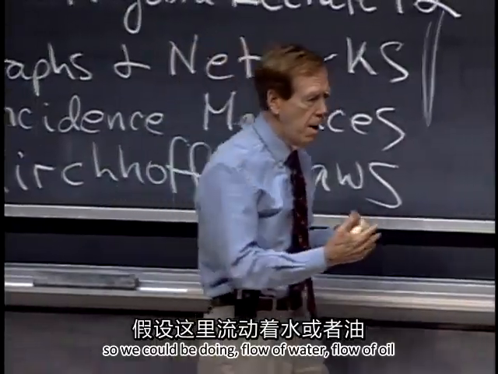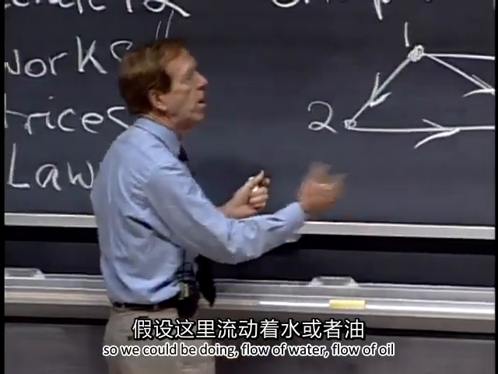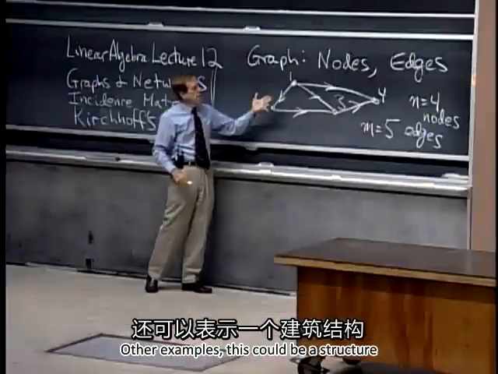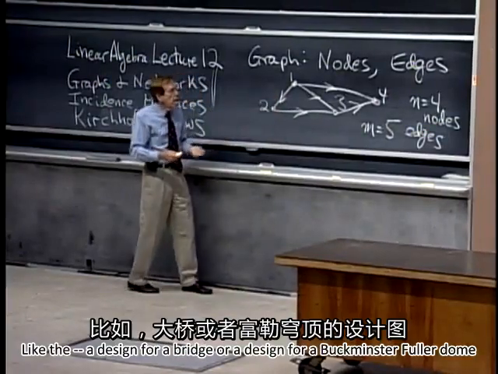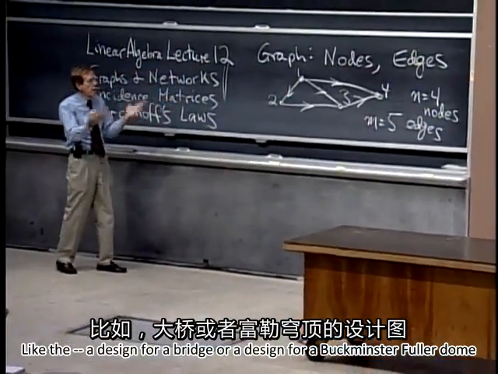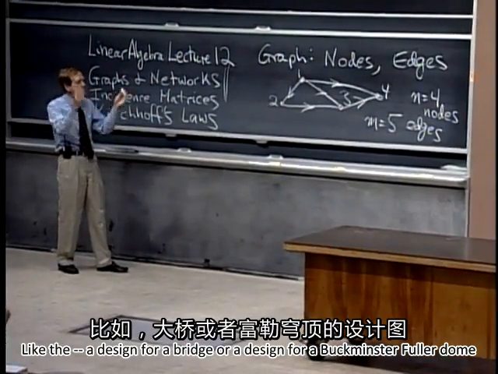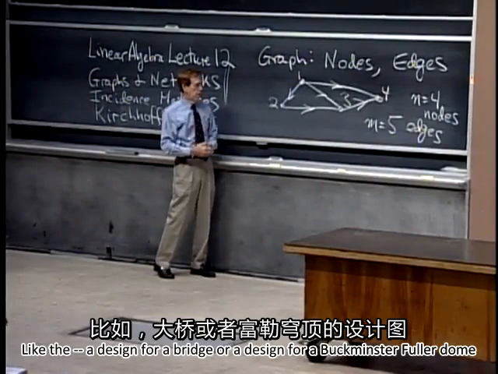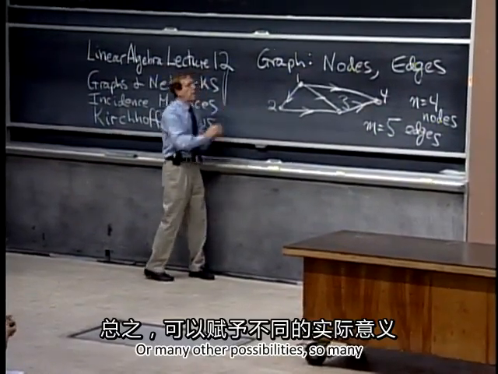So we could be doing flow of water, flow of oil. Other examples, this could be a structure, like a design for a bridge or a design for a Buckminster-Fuller dome, or many other possibilities.